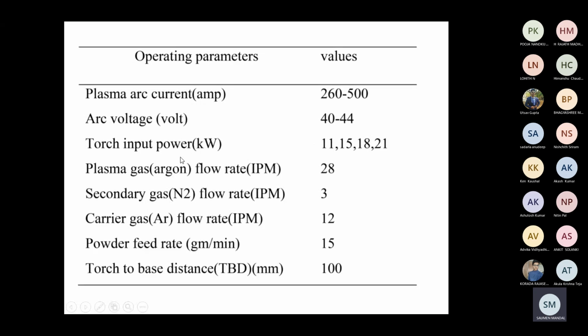Then plasma gas flow rate, secondary gas flow rate, that is nitrogen, carrier gas argon flow rate, powder feed rate, and then torch to base distance, 100 millimeter, which means only 10 centimeter. This is a typical distance maintained for one particular example. This is just one model example.